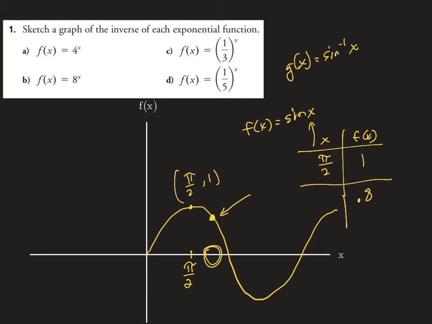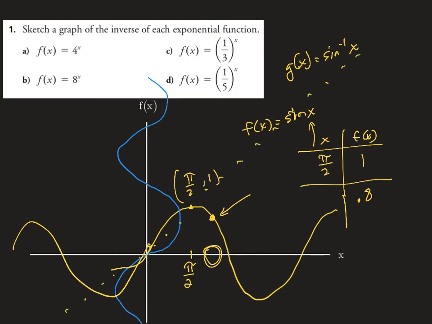And sine inverse of x would just be sine x, except going up and down this way, so that it's a mirror image of sine x, and it's mirrored in the line x equals y.